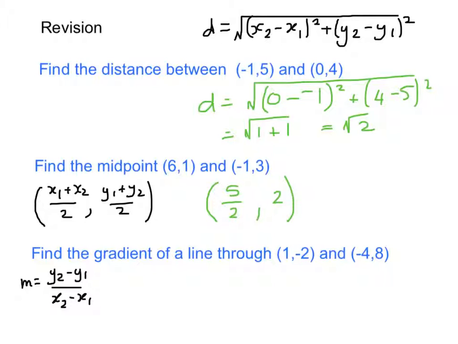The gradient of this line would be 8 minus negative 2 is my y difference, and x would be negative 4 minus 1, so that equals 10 over negative 5, which is the same as negative 2. Hope you're able to work those ones out.